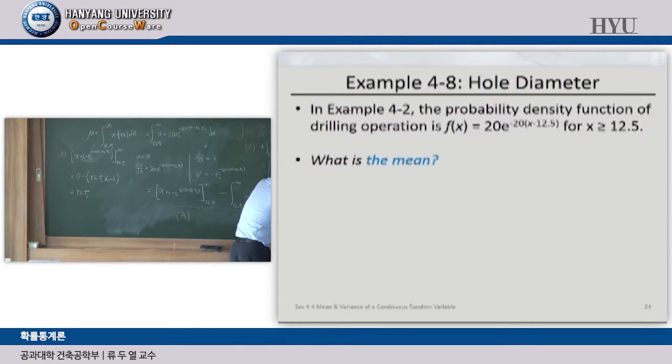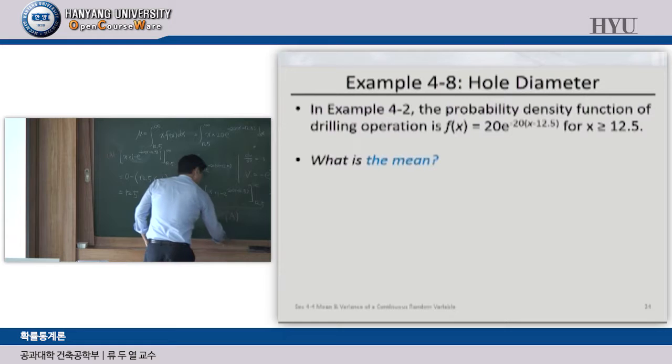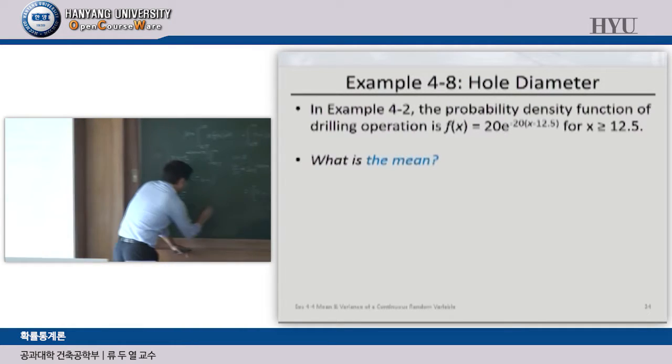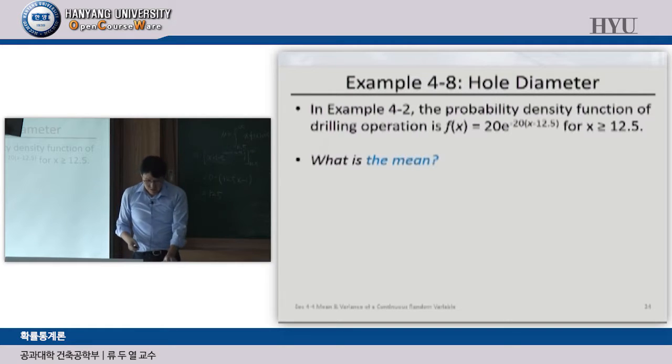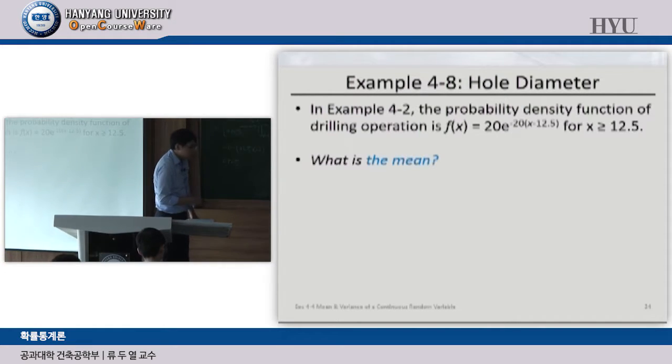So this will be 1 over 20, and finally this can be 0.05. So finally the mu is equal to 12.5 plus 0.05, right? That equals 12.55. So that's the mean for this case, okay?